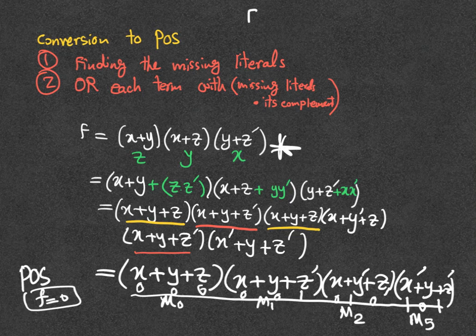So your POS is going to be the product of the max terms 0, 1, 2, and 5.